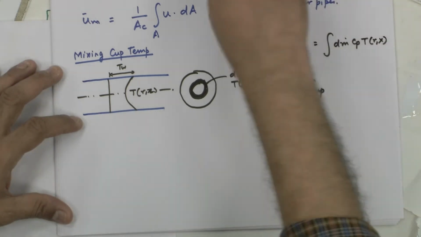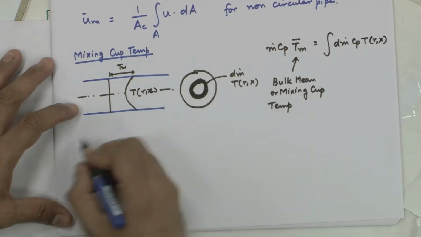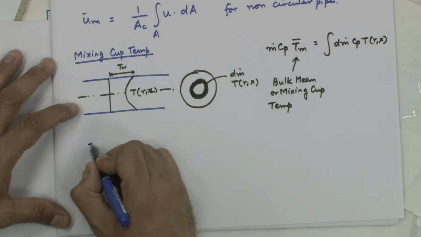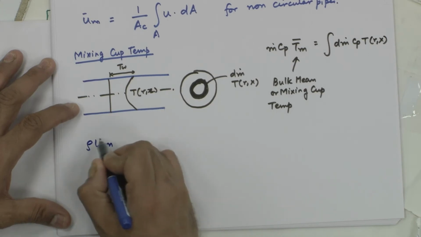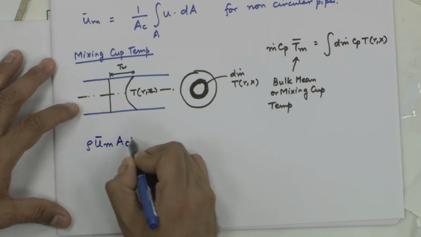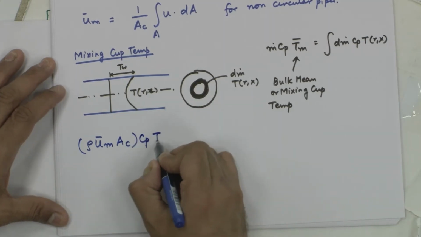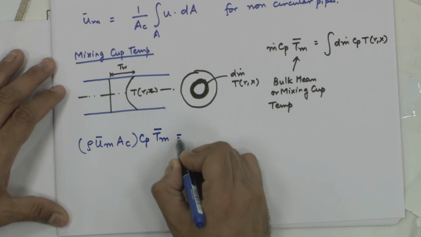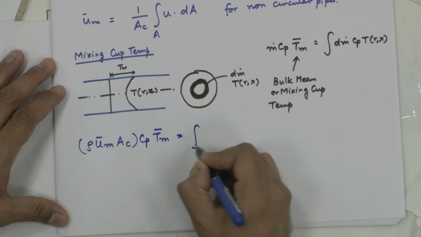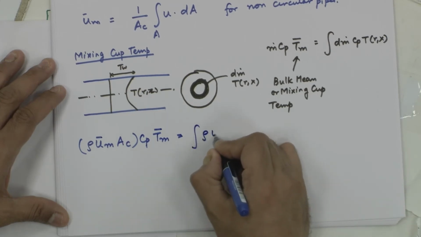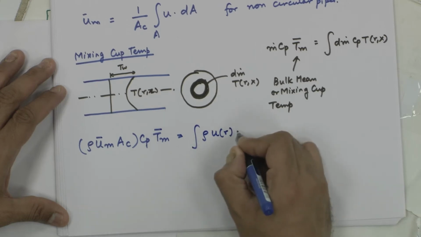Now m dot total for the whole area is rho u bulk mean into capital AC, which we know is the mass flow rate, times Cp times the bulk mean temperature, which I am supposed to calculate. dm is rho u of r dA.